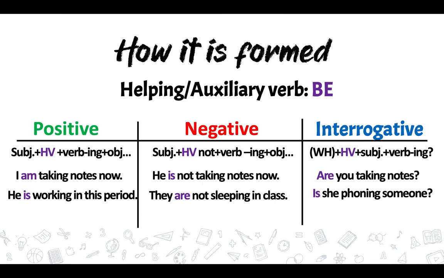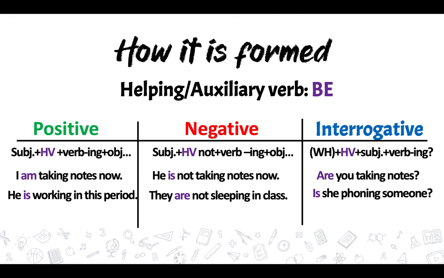Yes, in this case, the present continuous or the present progressive has the verb to be as an auxiliary verb or helping verb. So the verb to be, that means that it is I am, you are, he, she, it is, we are, and they are. That's right, that's the verb to be. We need the verb to be plus a main verb with ing at the end of it.